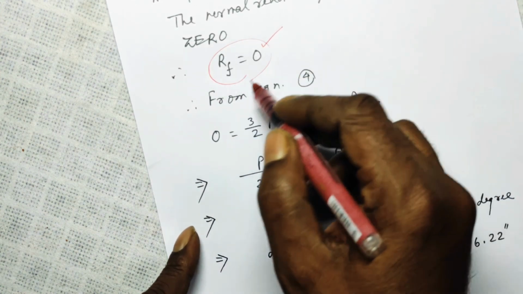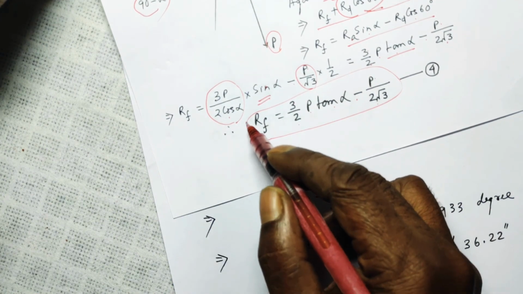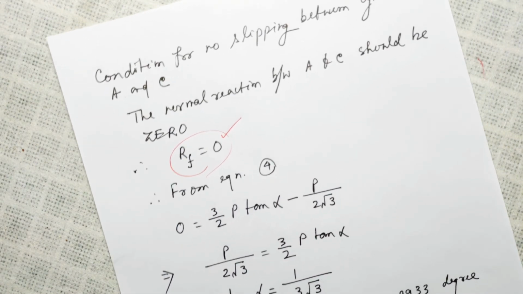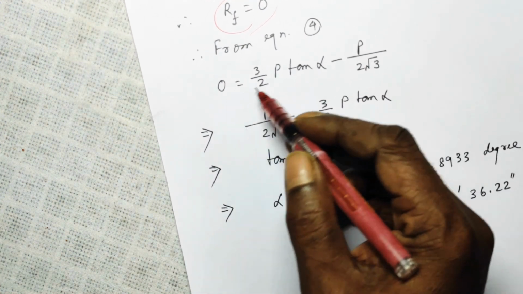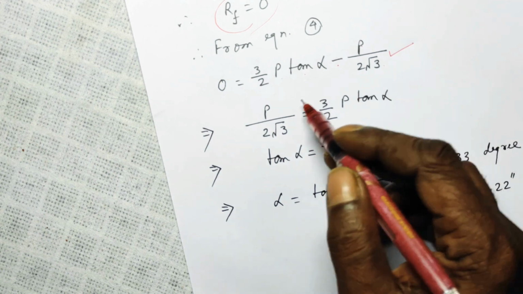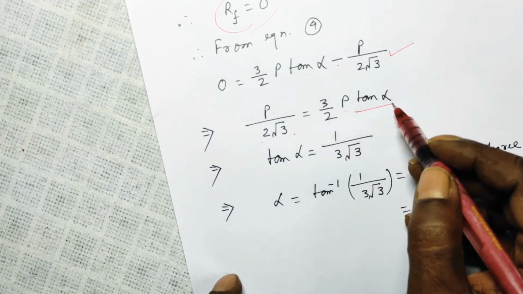So put RF is equal to 0 in equation 4. This is your equation 4. Now it is simple. So 0 is equal to 3 by 2 P tan alpha minus P over 2 root 3. So make a side change: P over 2 root 3 is equal to 3 by 2 P tan alpha.